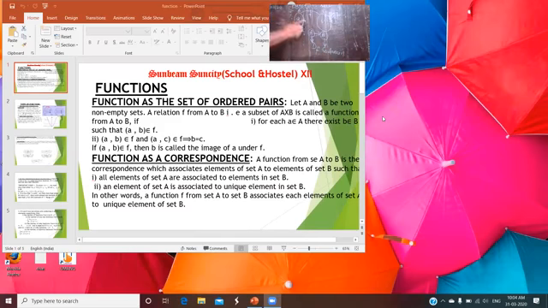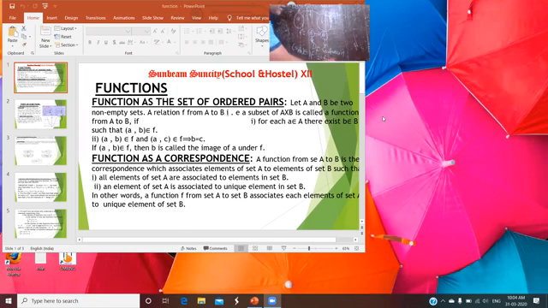And here, if you are saying that A is related to B under F, you can say the ordered pair AB belongs to F. So what does it mean?